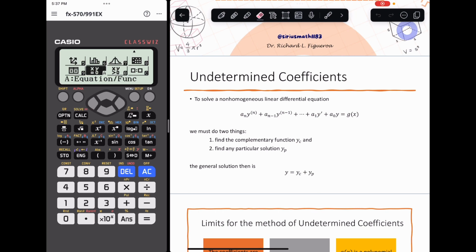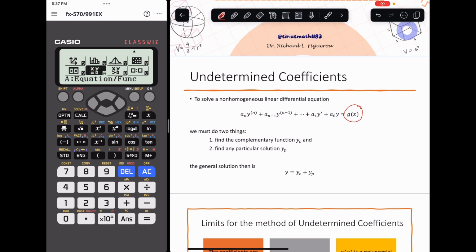and on top of that, there is another function, which is g of x. The presence of g of x in the given differential equation makes it a non-homogeneous differential equation. In finding the solution for a non-homogeneous equation using undetermined coefficients, there are two things that we must do.